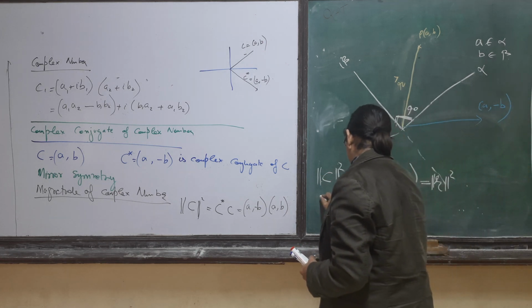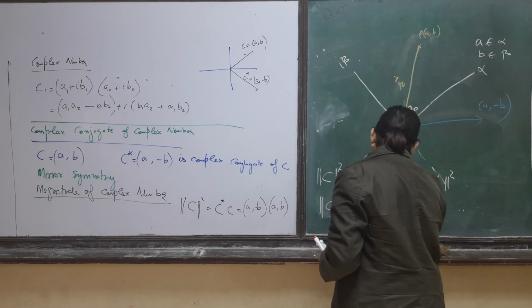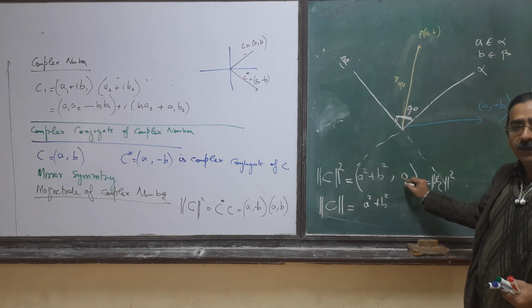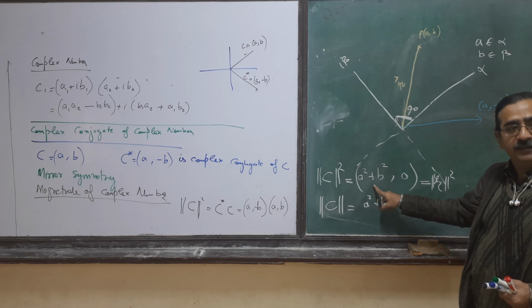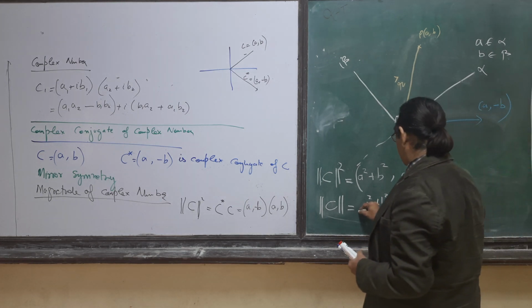It has no ordered pair along the second axis; it only has an ordered pair along the real axis, not the imaginary axis. That's it.